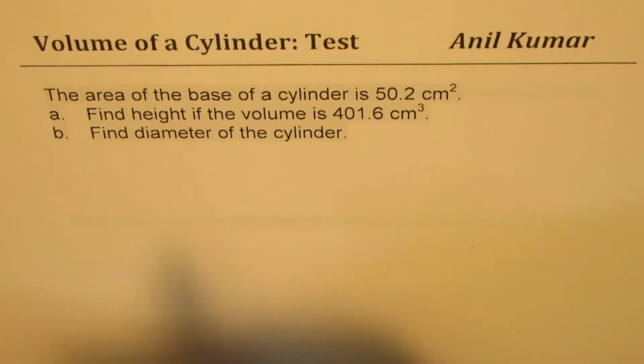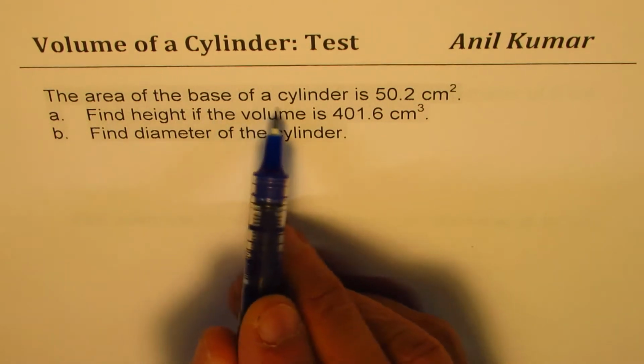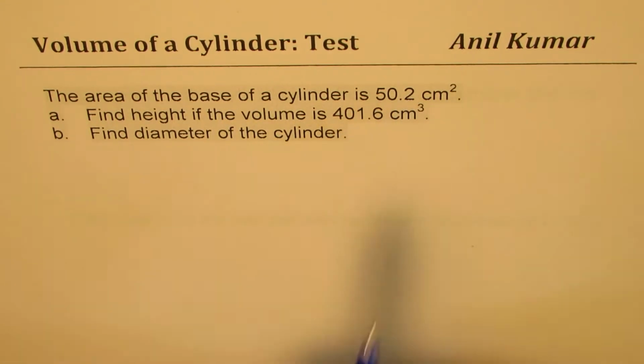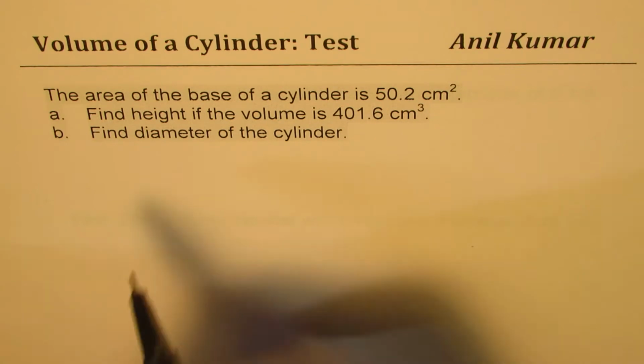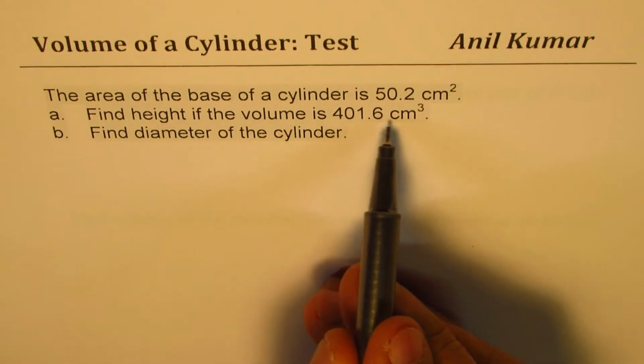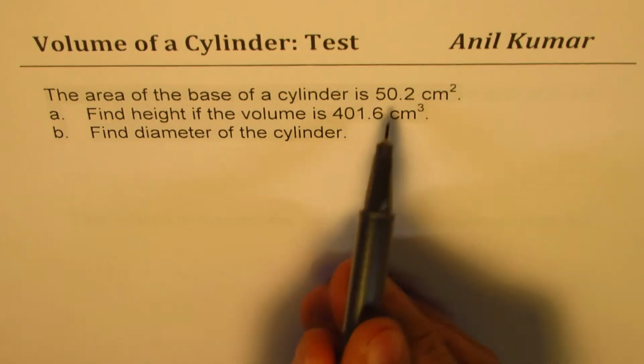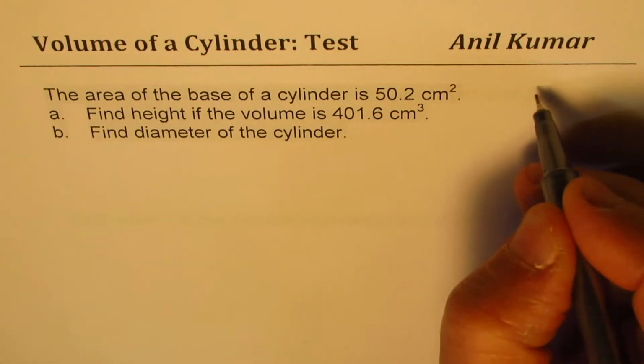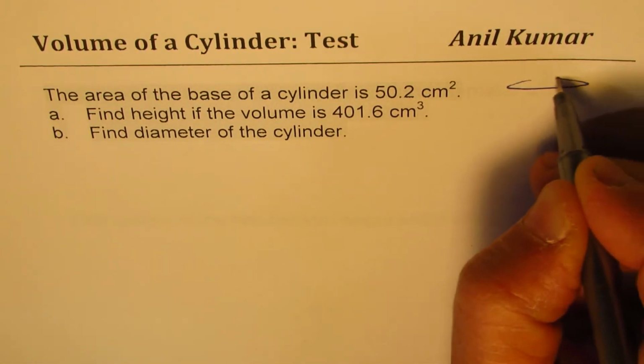The question here is, the area of the base of a cylinder is 50.2 centimeters square. Find height if volume is given to you, and find diameter of this cylinder. So let's look into this cylinder. Let me make one here.